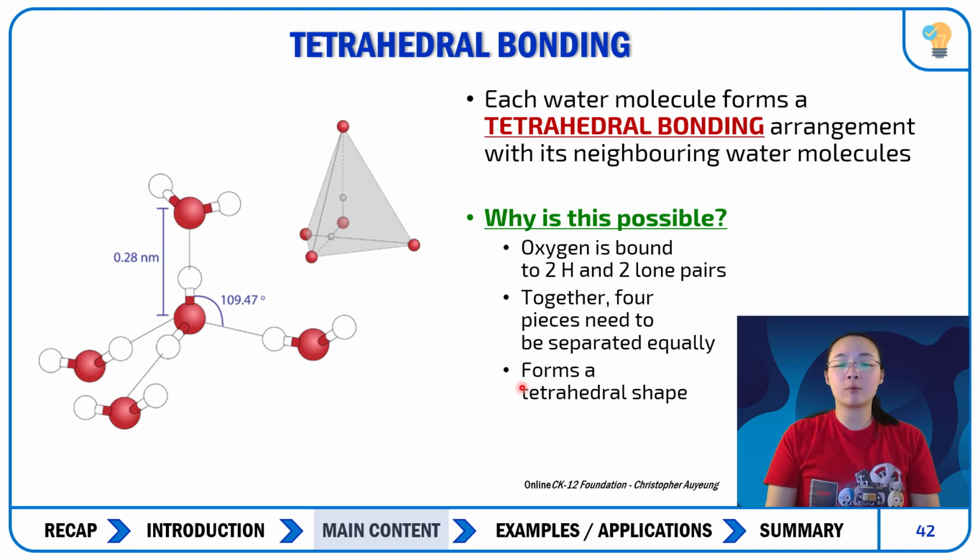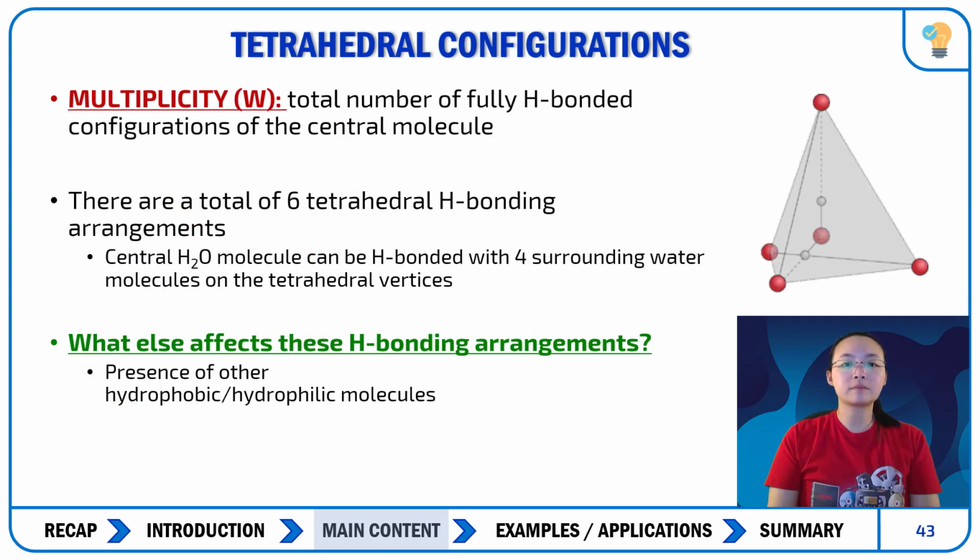But a better question is, how many ways can it form these hydrogen bonds? Of course, this is a course about modeling, so we have to find ways of representing the orientation of the water molecule.